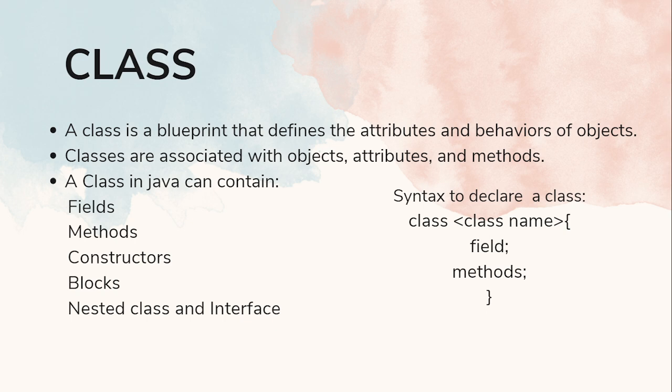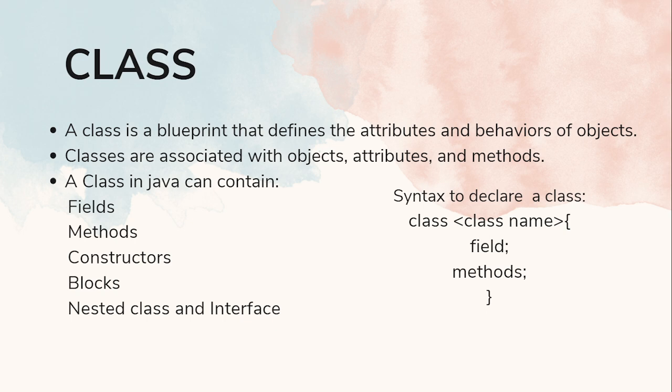Apart from that, there should be some behavior, which in Java we call methods. Methods mean there should be some functionality supported by that particular class or object. What are the functionalities of a car?